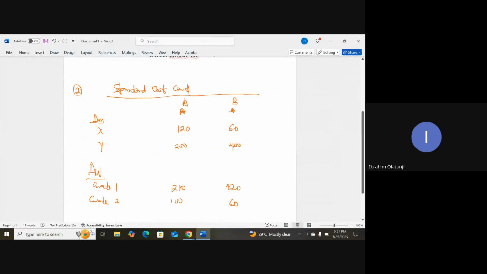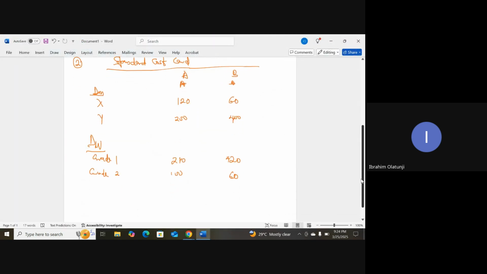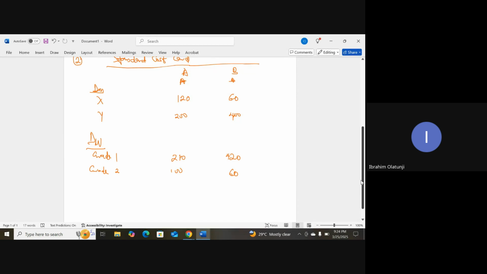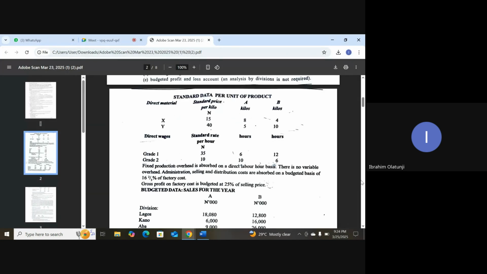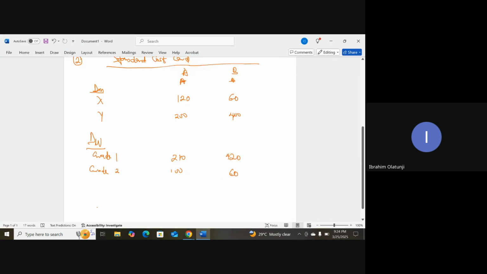Then, having said that, one of the things that will make up our standard cost card is variable overhead, but I think they are not giving variable overhead, but fixed production overhead.